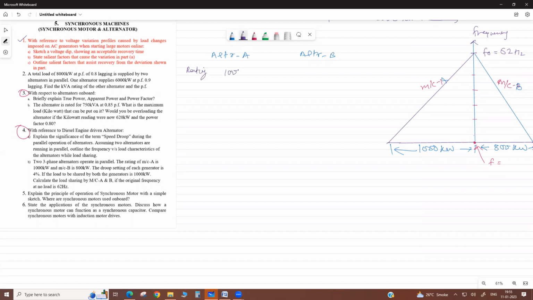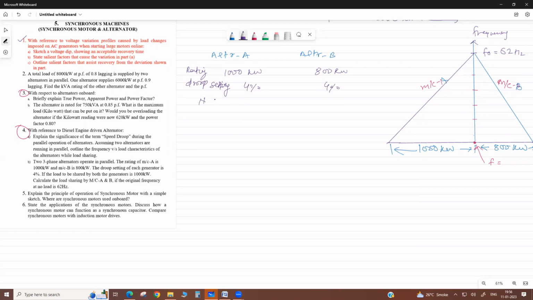It is 1000 kilowatt, this is 800 kilowatt. Now we say that the droop setting of both machines is 4%. Here is also 4%.